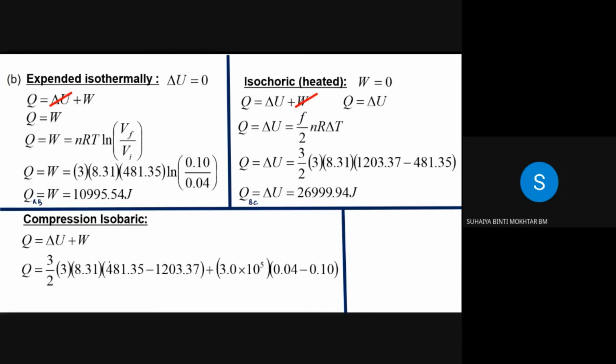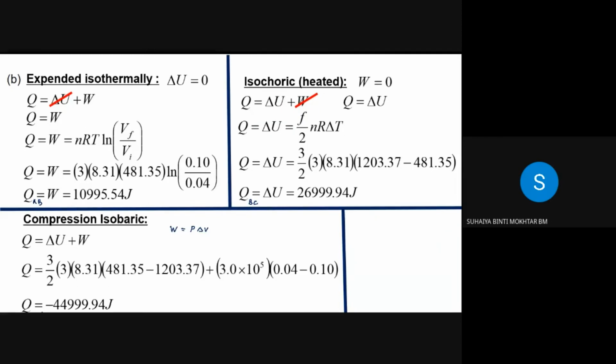Okay, so you get negative here and also negative here. Okay, work done here equals to P delta V. Delta V, V final minus initial. Final kita less than initial value. Okay, so you get negative. Okay, so your answer is negative 44,999.94 joule.